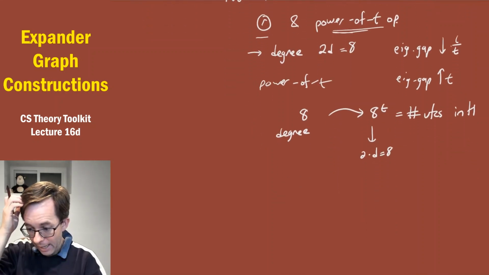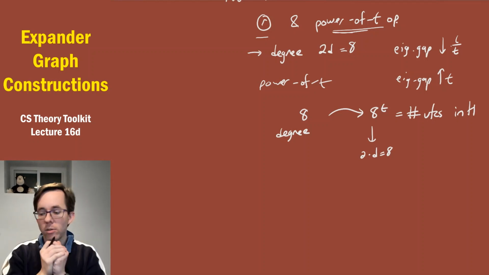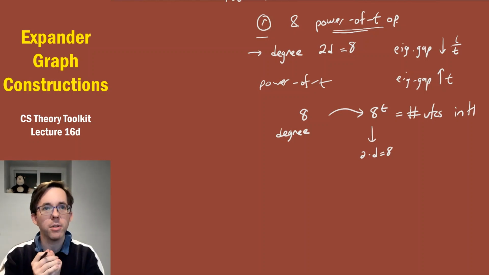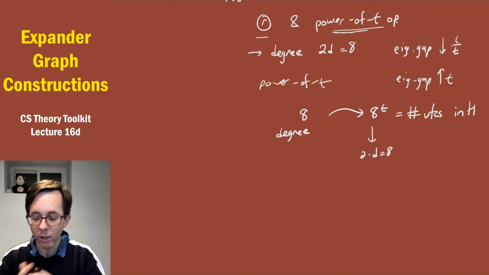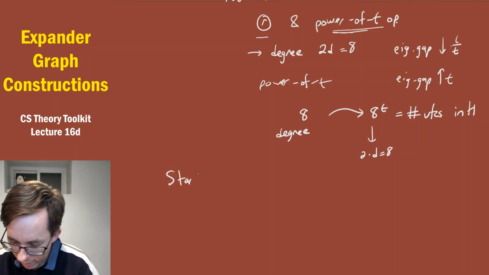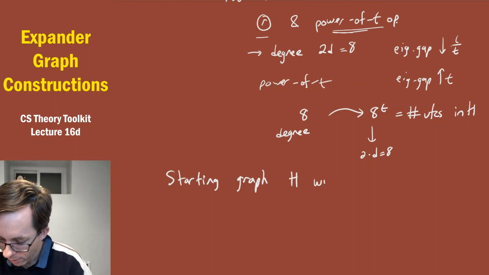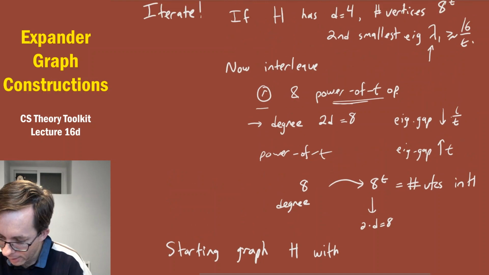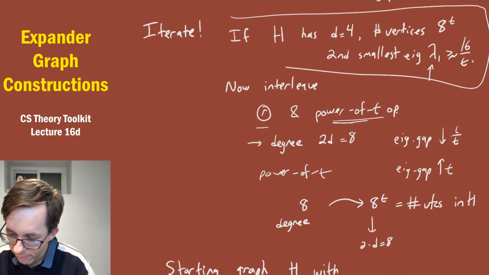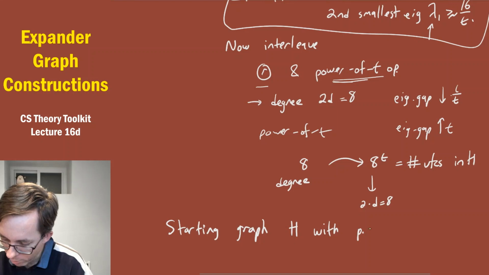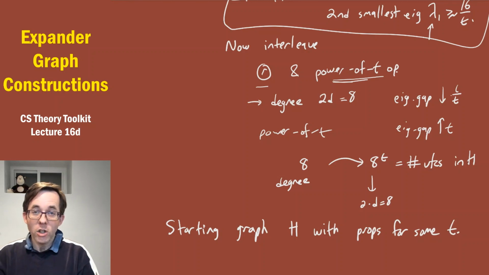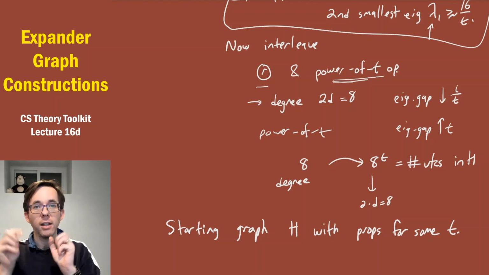This is great. It makes bigger and bigger graphs, with constant degree 8 and eigenvalue gap some absolute constant. Really, all you need to make this work is a starting graph H which has the required properties for some t, and you just have to argue that that graph exists, because then an algorithm can find it in constant time.